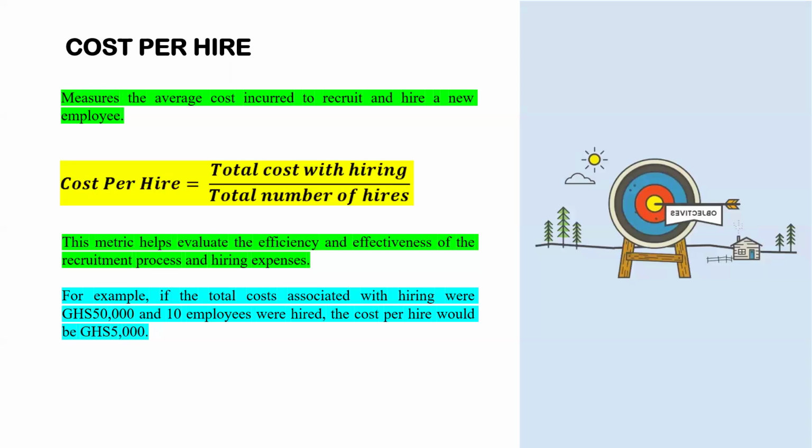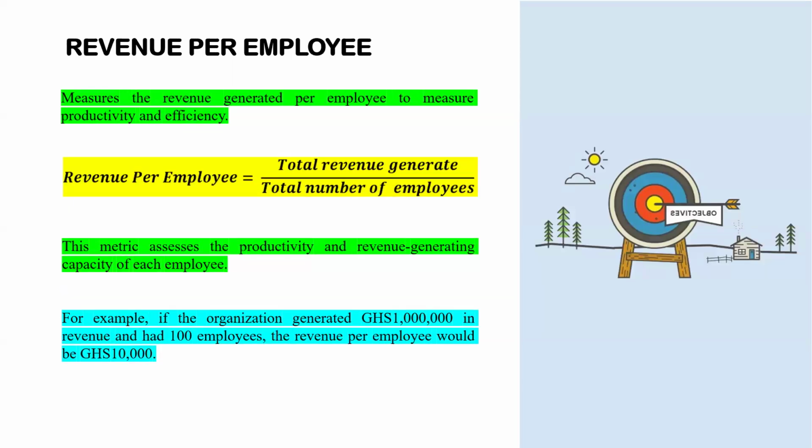All right. Then we also have revenue per employee, which measures the revenue generated per employee with respect to productivity and efficiency. So let's say the total revenue of the company is 5,000 cedis, and you have 5,000 workers.